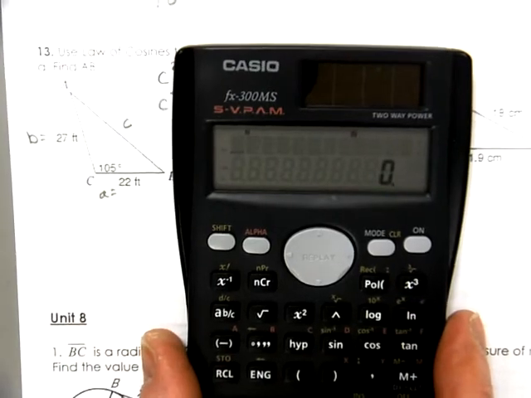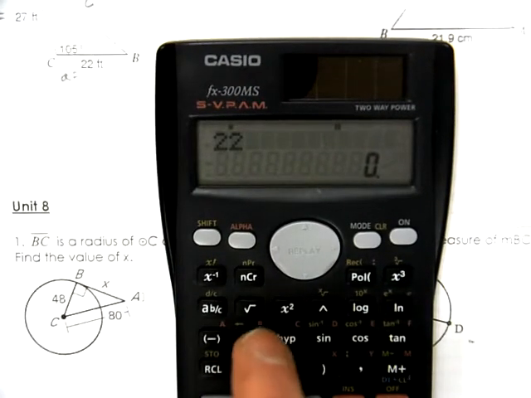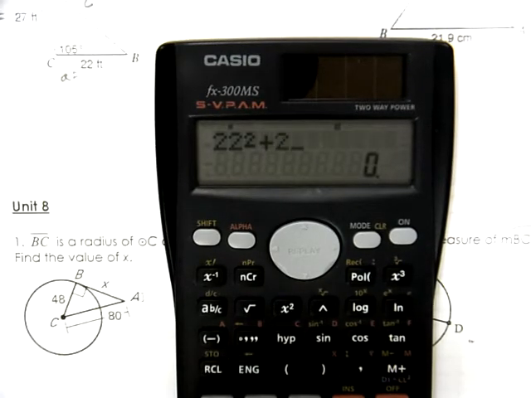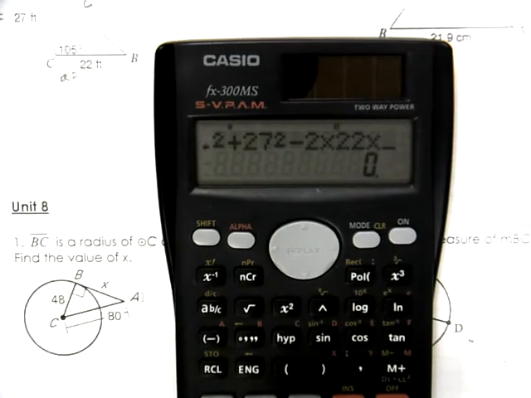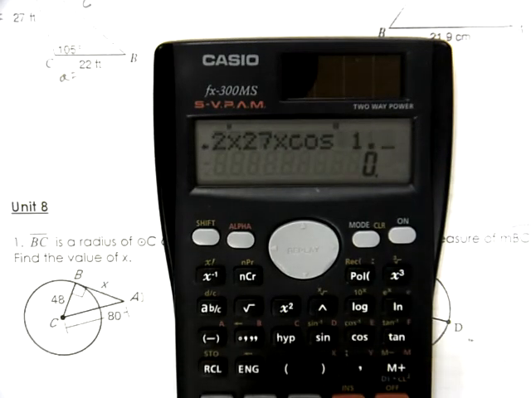So we can type this into our calculator. 22 squared plus 27 squared minus 2 times 22 times 27 times the cosine of 105.